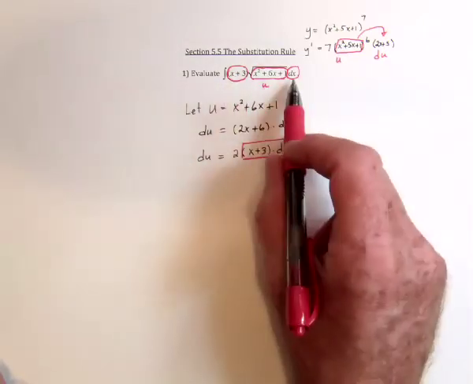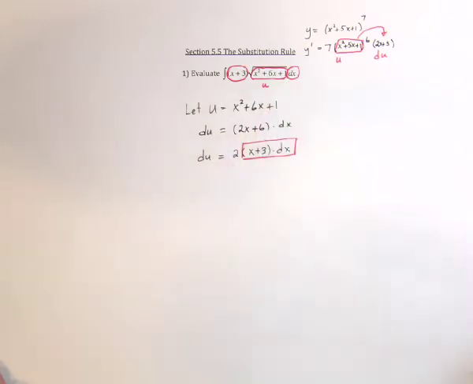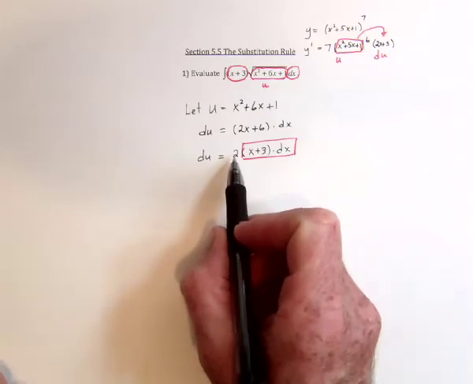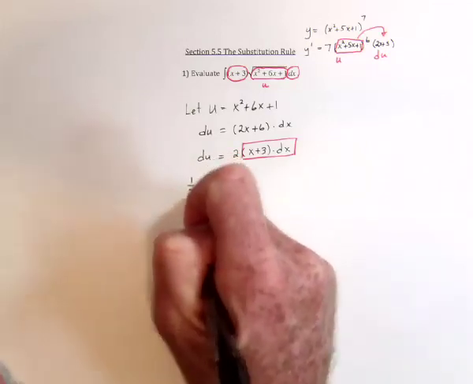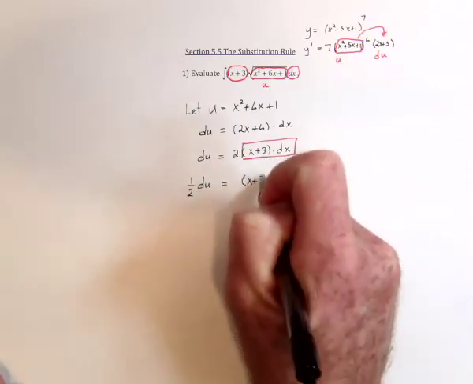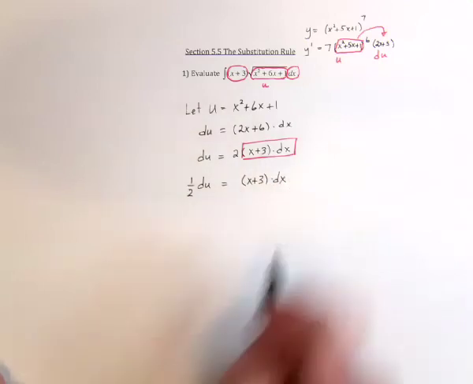And then this, as well as this, gets replaced with, well, we need to do one other job, and that is the 2 is not supposed to be there. So divide by 2 or multiply both sides by 1/2. Now it's set up perfectly for the u substitution.